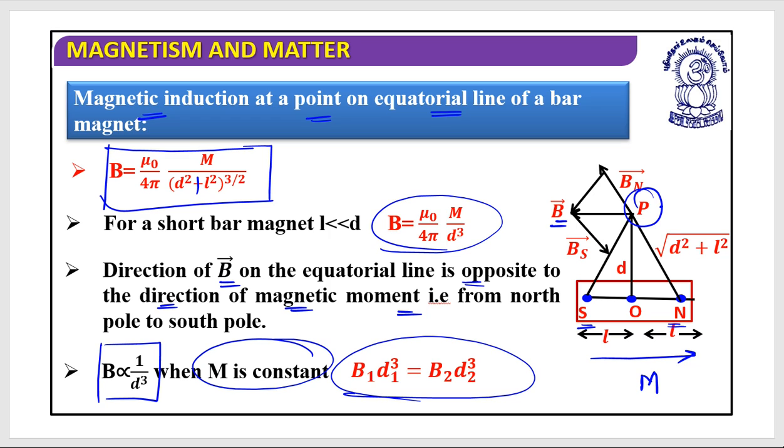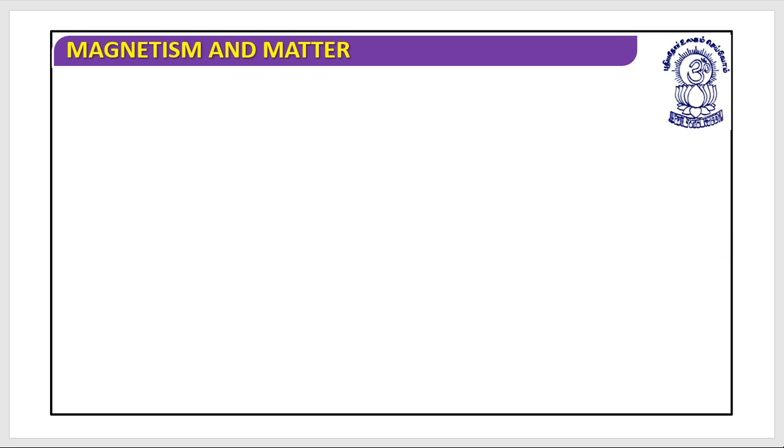Are you sure? So let's summarize these two situations, on the axial line and on the equatorial line. The situation would be that this is, let's say, the south pole, this is the north pole, and you need to find the magnetic field over here. This distance is r.